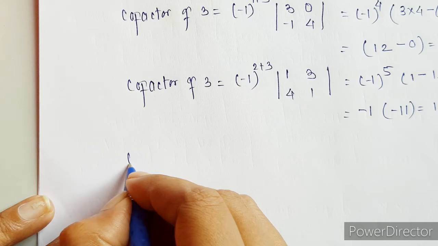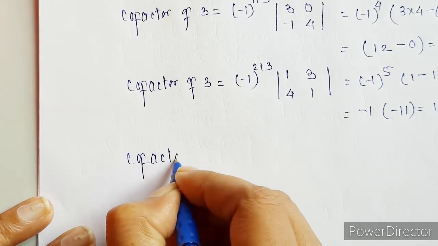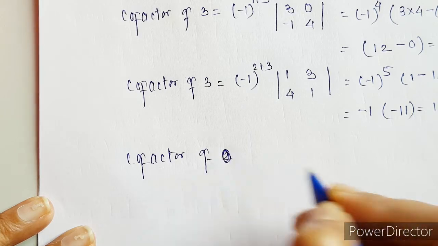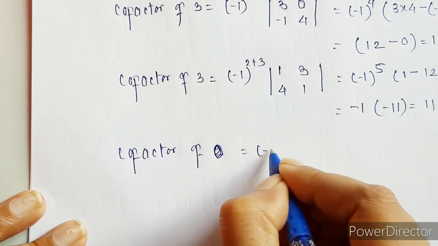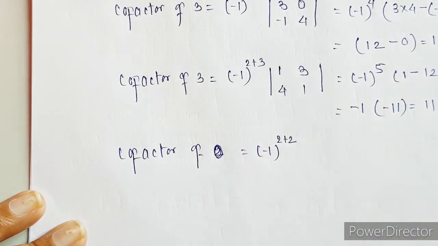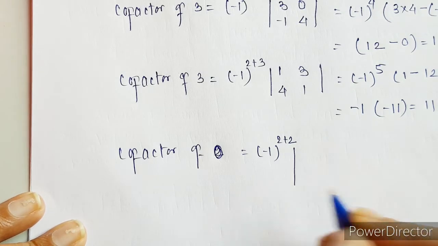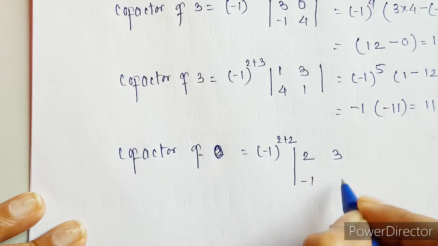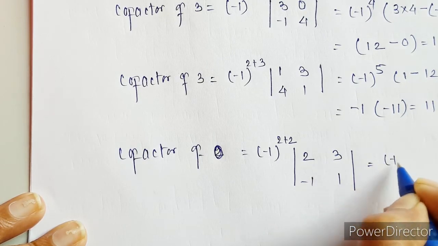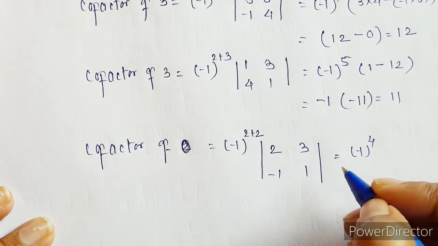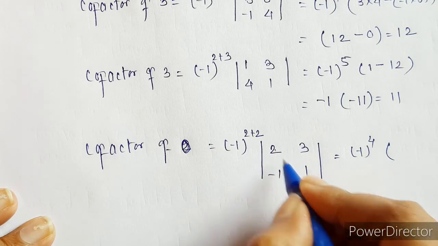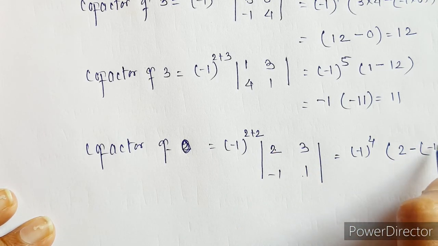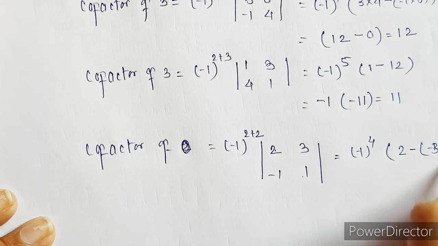So the cofactor of 0 will be minus 1 raised to power 2 plus 2, which is power 4, and then the determinant of this: 2 into 1 is 2, minus 1 into 3 is minus 3.